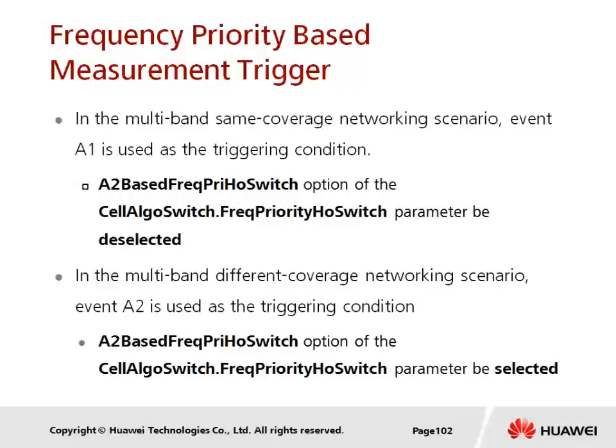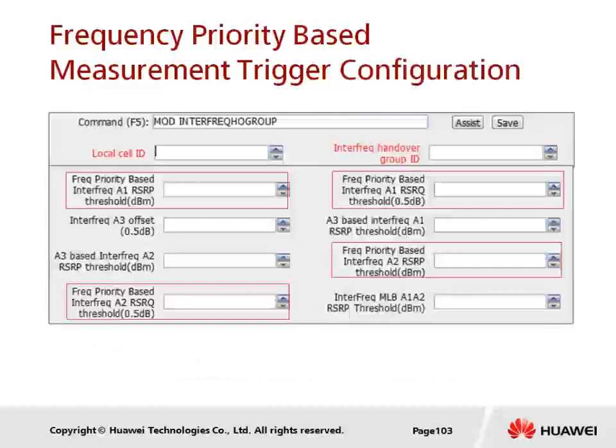That means most likely the user is at the cell edge of the current serving cell, so the user could be near to a cell in the other frequency band. In this case, the A2 based frequency priority handover switch has to be turned on so that event A2 can be used as a triggering condition.